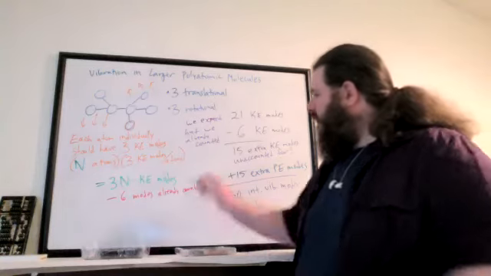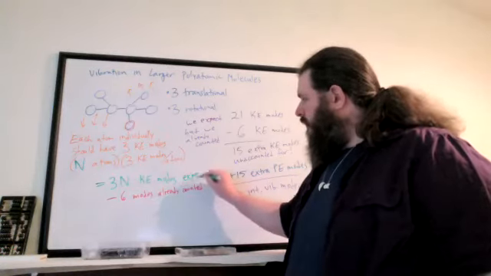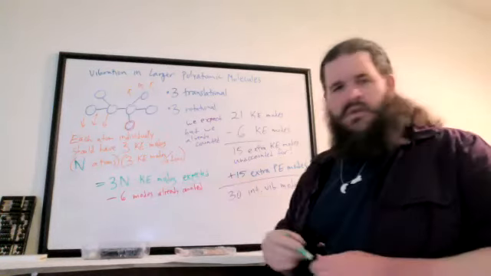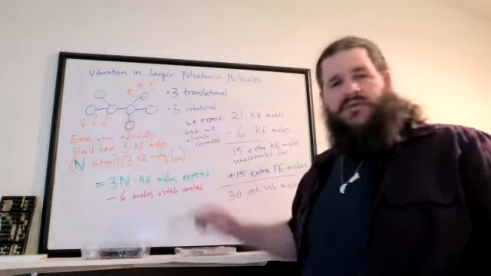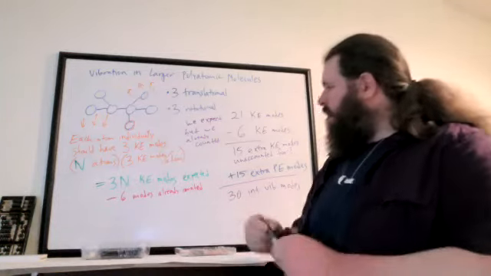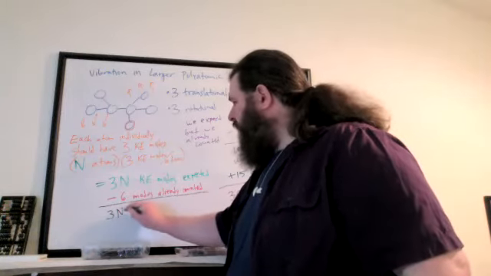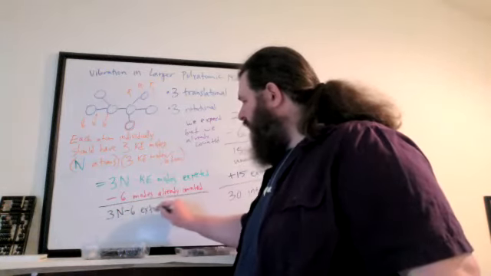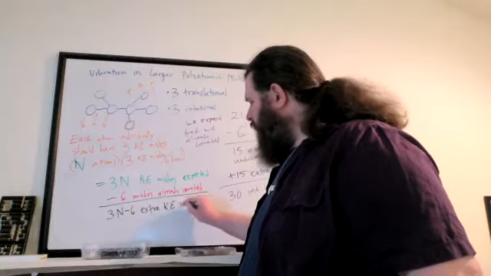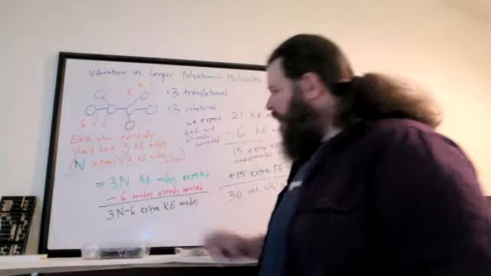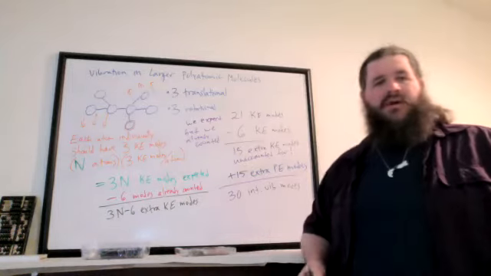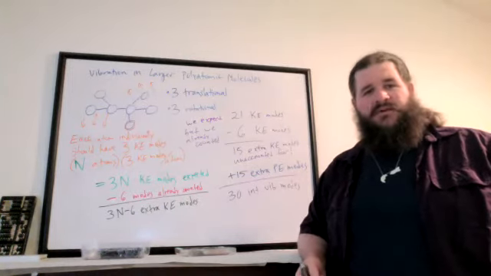So we expect 3n modes from the fact that we've got n atoms. We deduct the 6 modes we've already counted. And that means we have 3n minus 6 extra kinetic energy modes. So 3n minus 6 would be the number of internal vibrational kinetic energy modes.